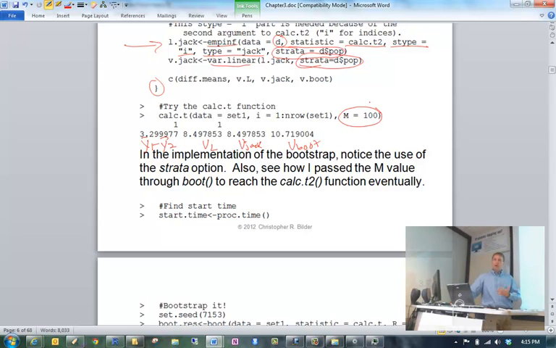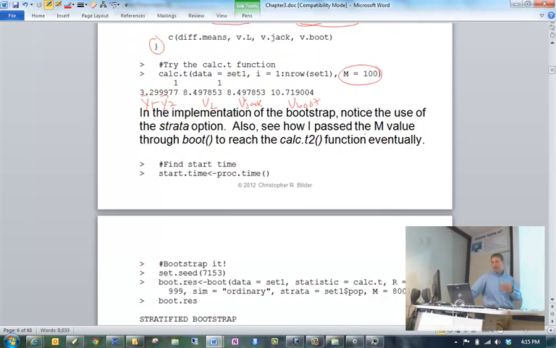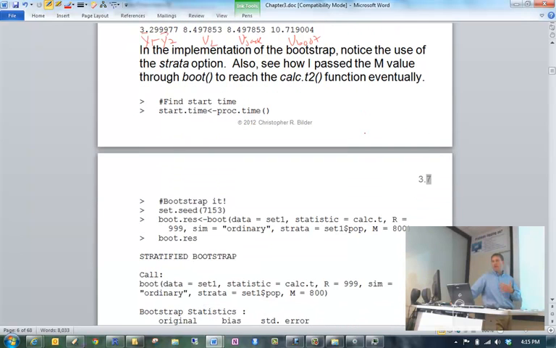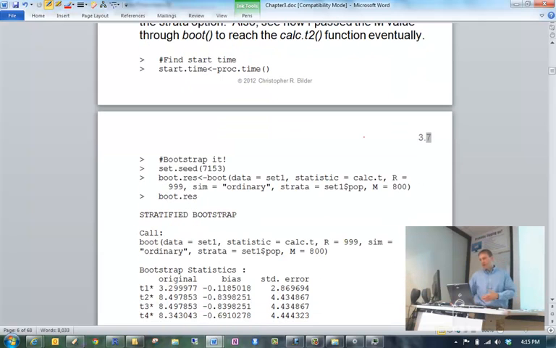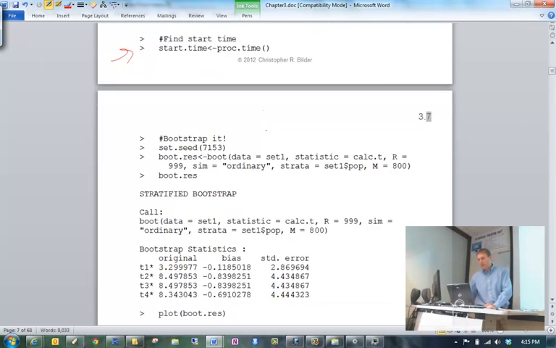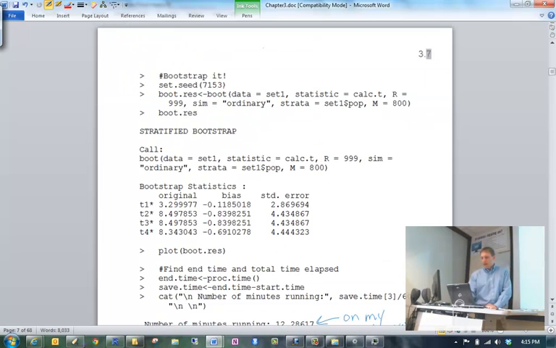Now the whole purpose of writing this calc.t, to remind you of the big picture here, is that I'd like to calculate this stuff now for every single resample. Because this is going to take a while, I'm just going to measure how long it takes using methods that we've done before. Then I use my boot function.